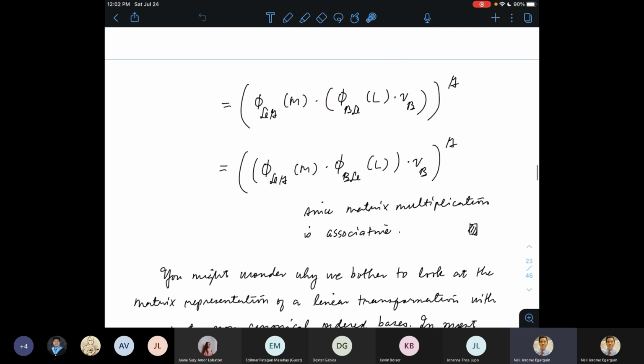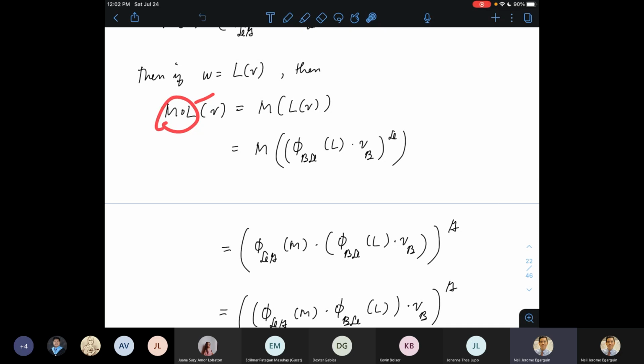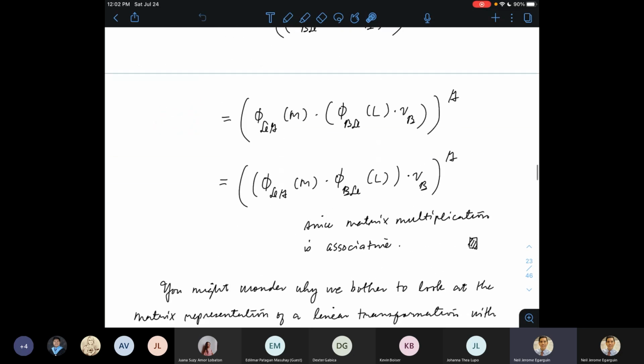And so we have seen here that the mapping M circle L is nothing more but a premultiplication of the product of the matrix representatives to the set of coordinates for the domain element, and then converting the result back with respect to the ordered basis G. So thus we have proven that indeed the representation for M circle L is the product of the representative for M and L in that right order.